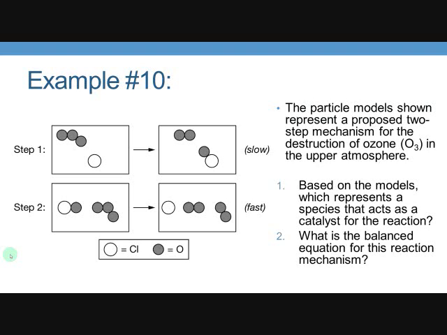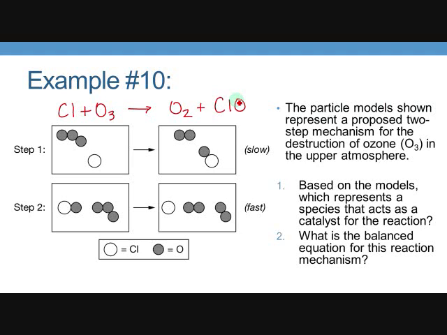So what are the reactants in step 1? Cl plus O3. Okay, and then that turns into, what are the products for step 1? O2 and ClO. Yep, if you put OCl, it's really not that big a deal, or ClO, either one is fine.